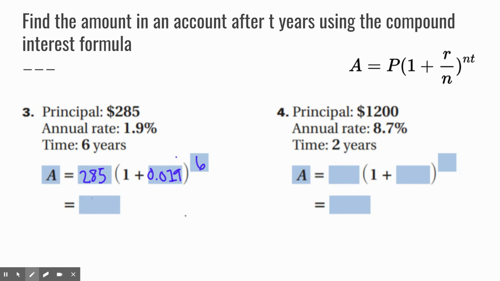Serena, what'd you get? And what was the cents on there? $319.07. If you did not get that, try again. Make sure you are getting this when you're putting it in. All right, the next one, go ahead and plug everything in by yourself and tell me what you get.